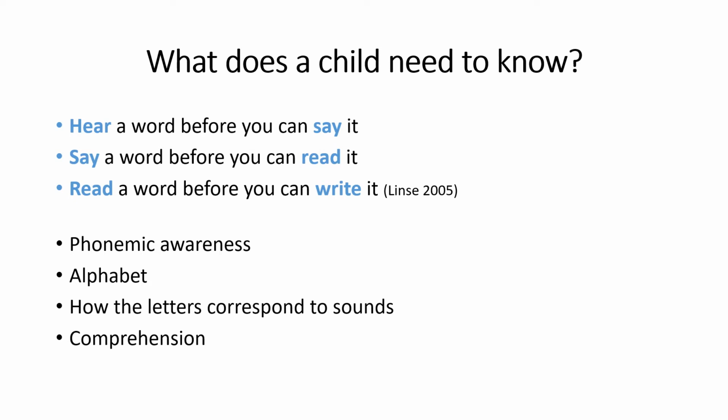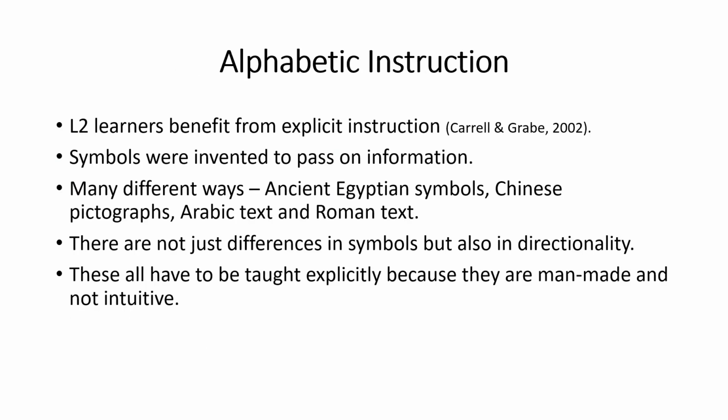And of course the learner needs to understand the meaning of that word in order to recognize that vocabulary. So for each word, the child has to have a lot of knowledge that makes it very, very difficult to teach them. Now let's see how we can approach the alphabetic instruction.